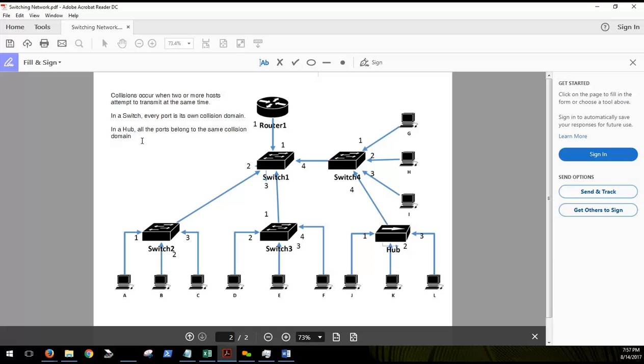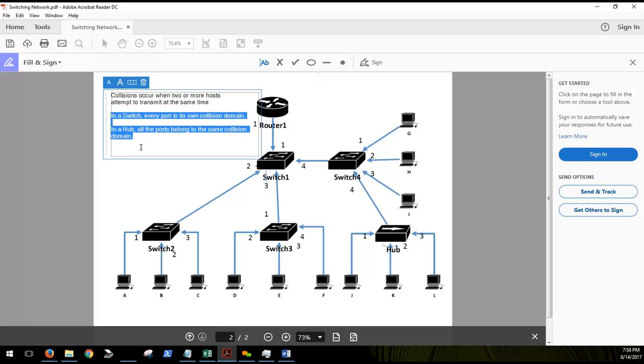Anything that's connected to a switch is essentially a collision domain of one device, unless it's a hub. Could you write that down? Well, I've written it down right here. I just said it differently.